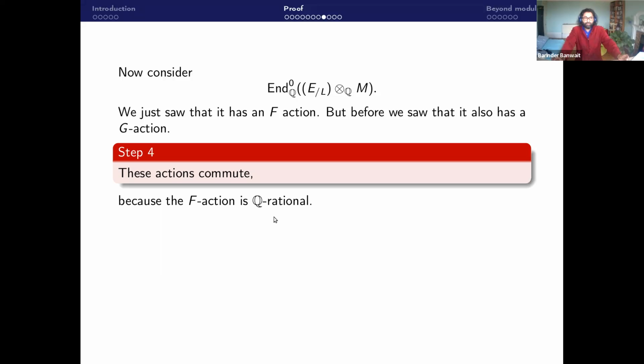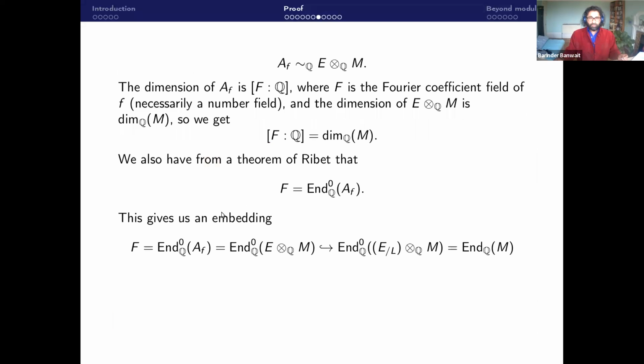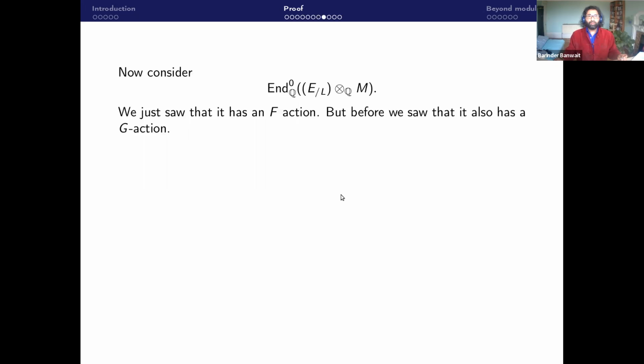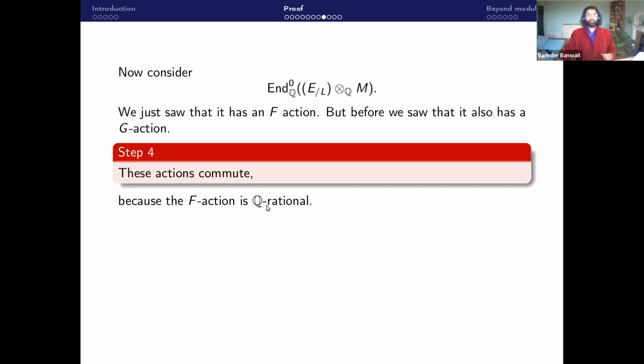And these actions commute because the F action is rational over Q, so here F is exactly the Q endomorphisms of AF. So the F action and the G action on this commute. In other words, G acts on this M linearly over F.